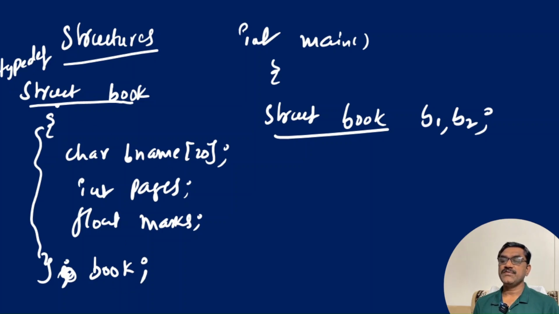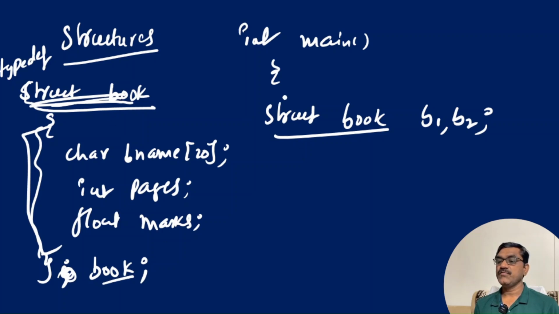When you write typedef struct book, and after closing brace, if you write book semicolon, what is the meaning of this? See here, the user defined structured data type is struct book. Now we are renaming the user defined data type struct book as book.